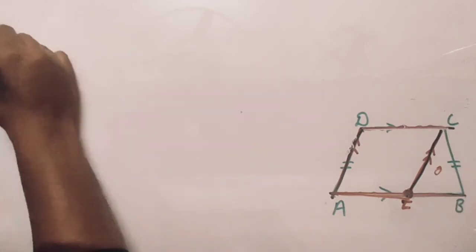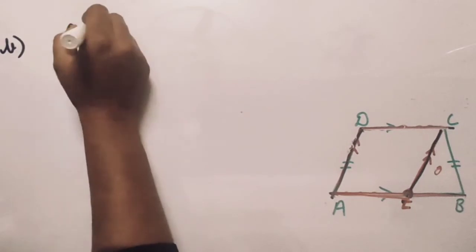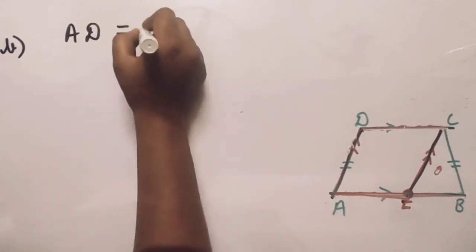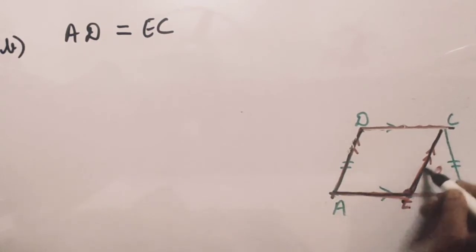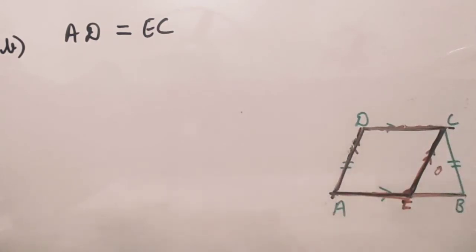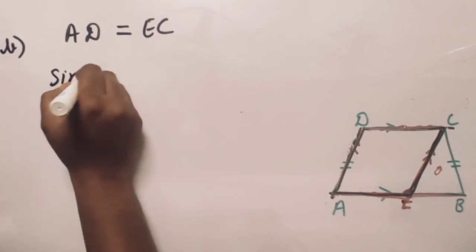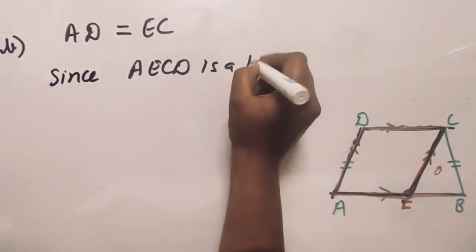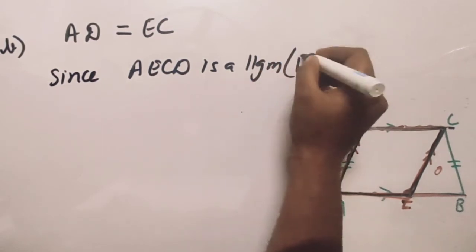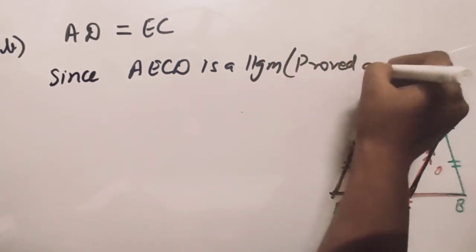The next part of the question asks that AD is equal to EC. Now, we have already proved in the first part that this figure is a parallelogram. Since AECD is a parallelogram, we will write in bracket, proved above.